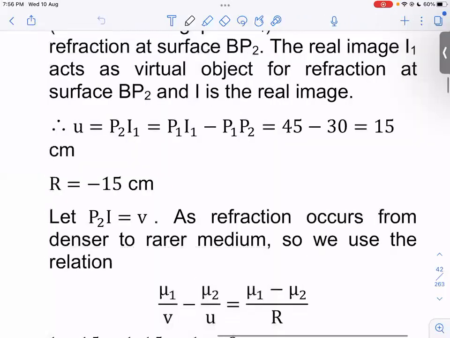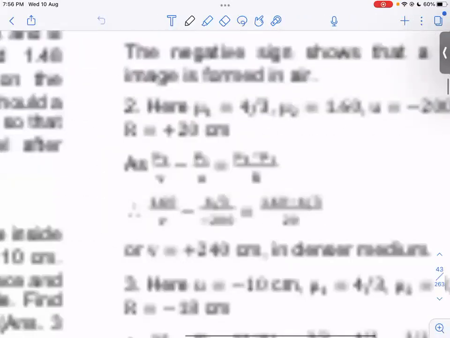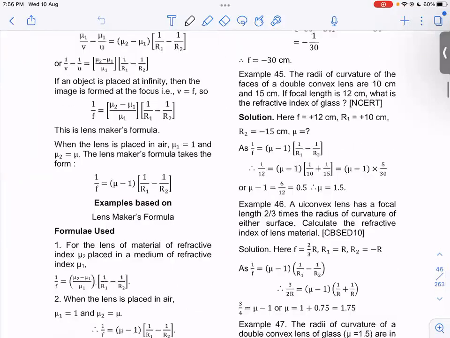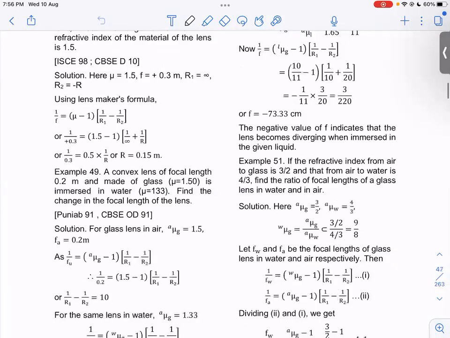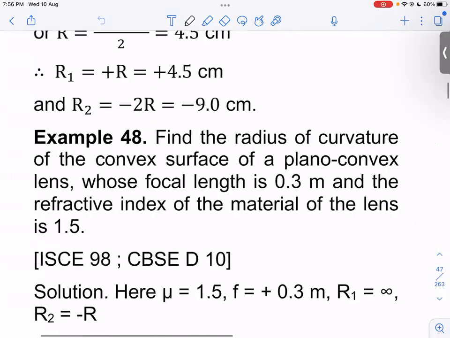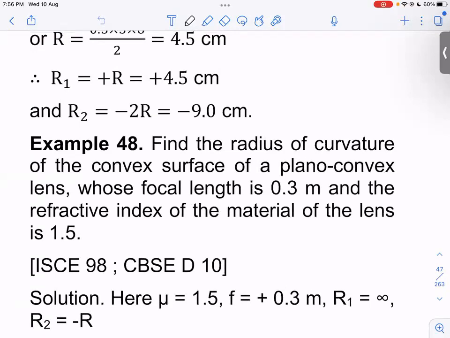Now let's do problems based on the lens maker's formula. Find the radius of curvature of the convex surface of a plano-convex lens whose focal length is 0.3 meter and the refractive index of the material of the lens is 1.5.